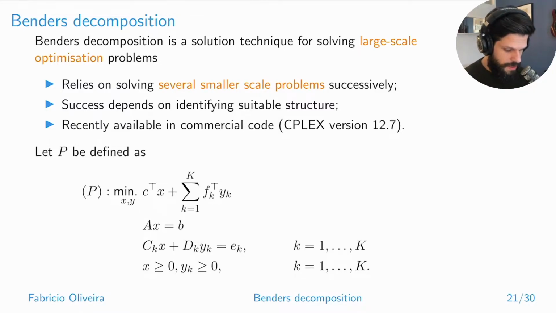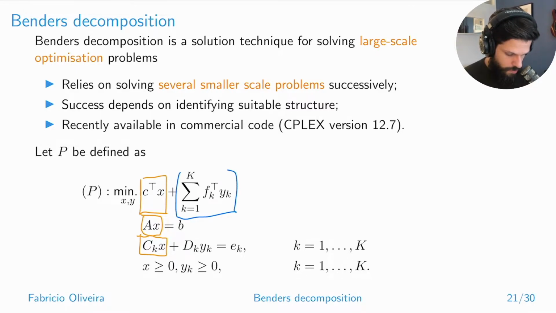Complicating in the sense that they appear not only in this set of constraints, but they also appear in this set of constraints. So this column is associated with the variables x. You can see that if it weren't for the variables x, this problem would be separable in the dimension k.